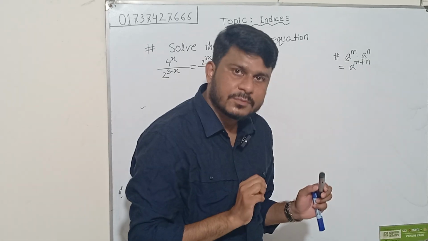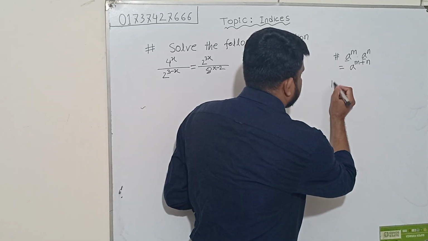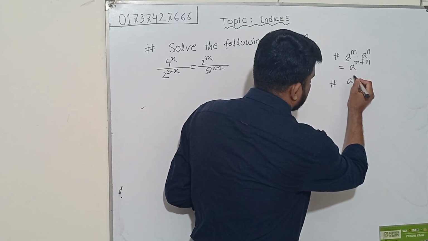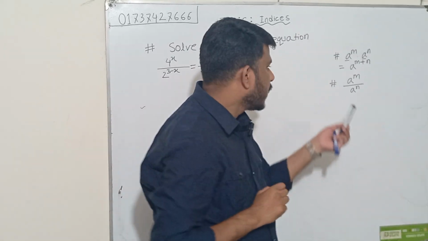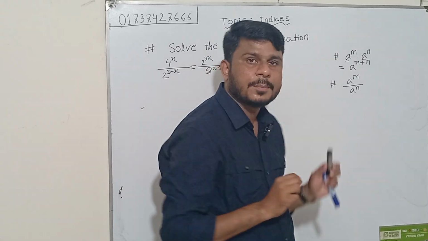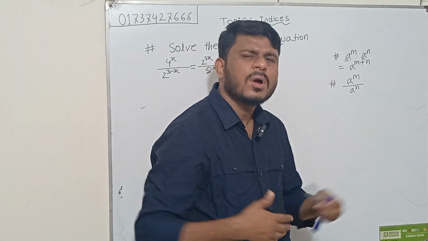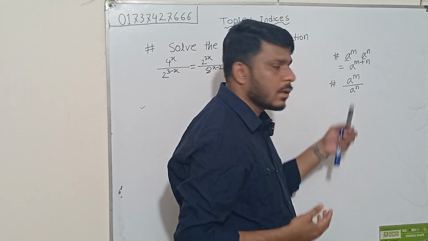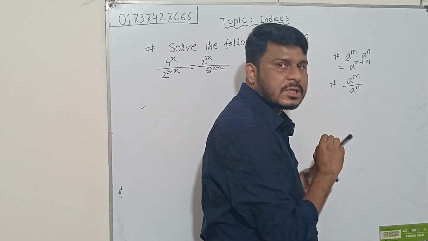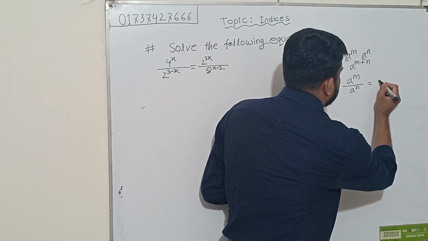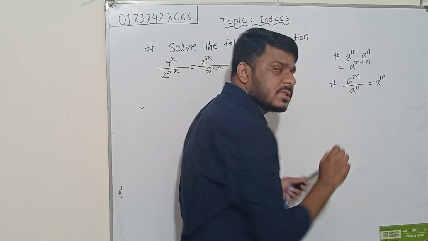This is one formula, and another is the division formula: a to the power m divided by a to the power n. If the bases are the same, like this is a and this is a, where a can be 1, 2, 3, 4, 5, whatever it is, we can subtract the powers. m is just copied, and for n, there is nothing, meaning a plus sign.